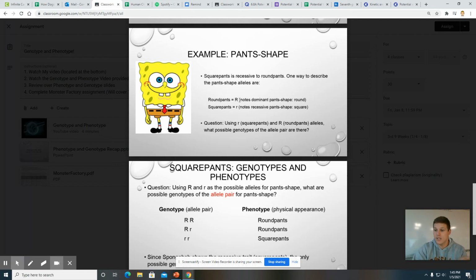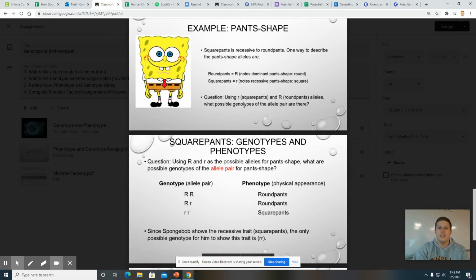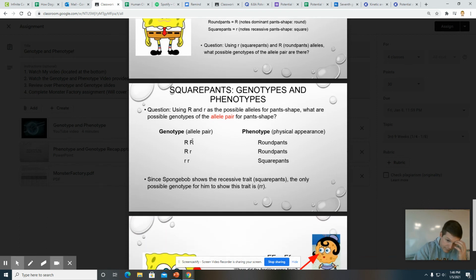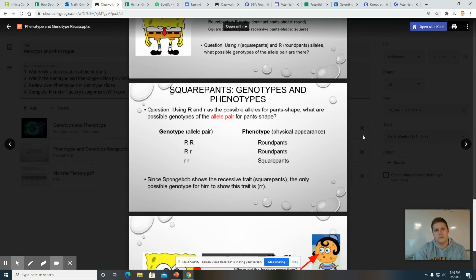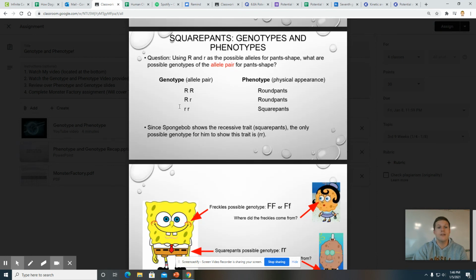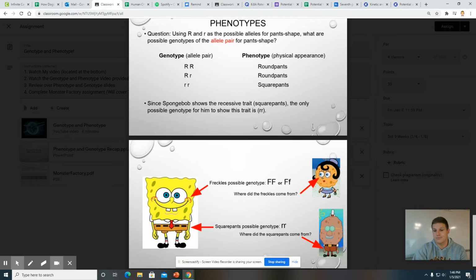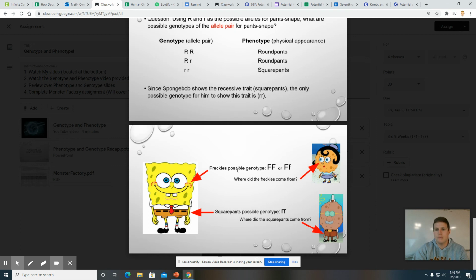If you use a capital S, awesome. Then make sure you use a lowercase s for the other one. Using a lowercase r for square pants and a capital R for round pants, what possible genotypes are there? You can have two capital R's, which means round pants. You can have a capital R and lowercase r, which still is round pants. Or you can have two lowercase r's, square pants. So these are just possibilities right here.